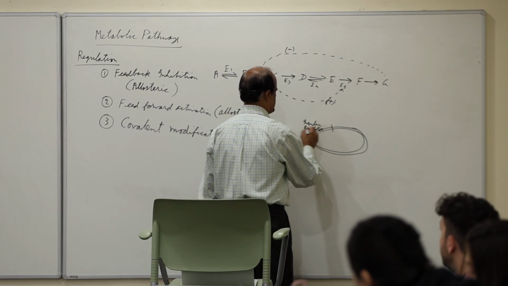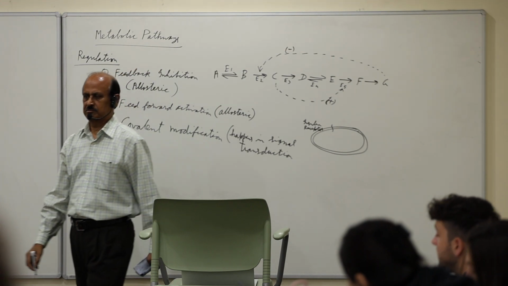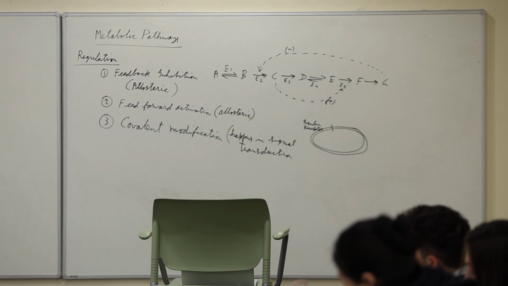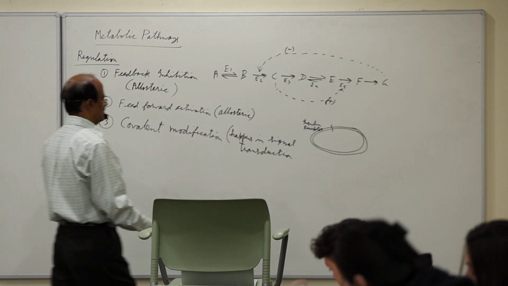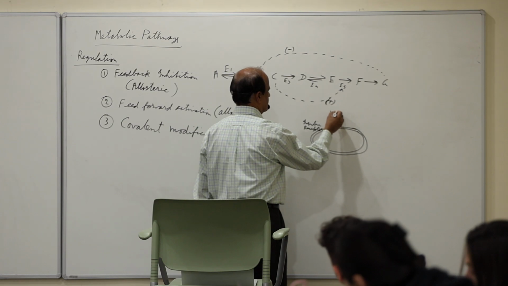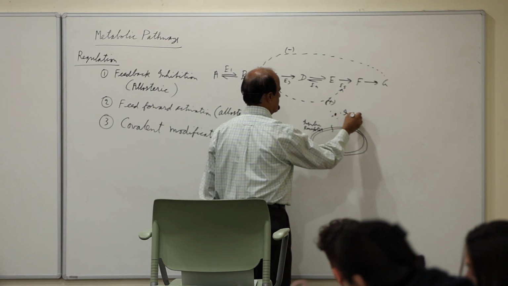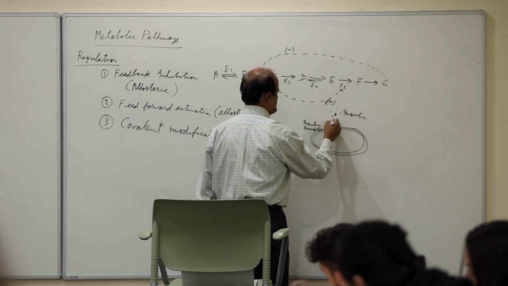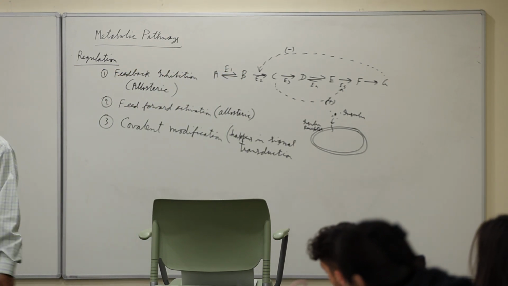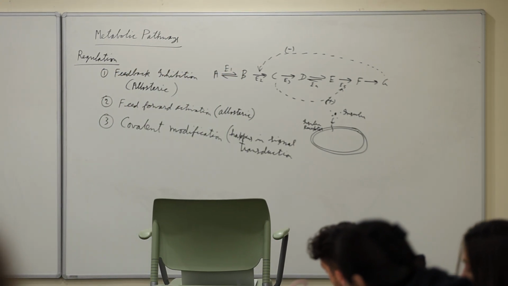I'm just giving the example of insulin, but it applies to all signals that go into a cell. When the insulin molecule is secreted in the blood, it will bind to its receptor. Insulin doesn't really enter the cell. It's too big to enter through the membrane.